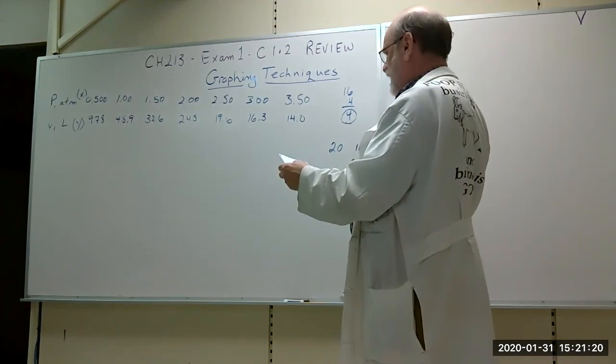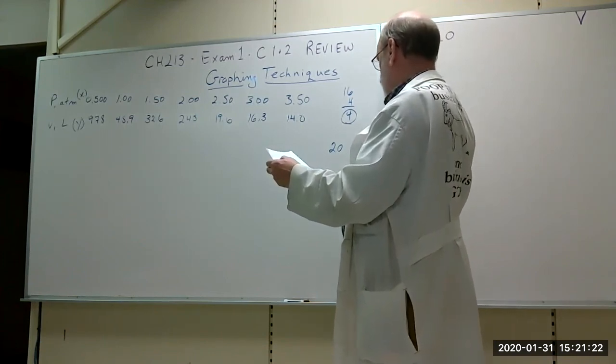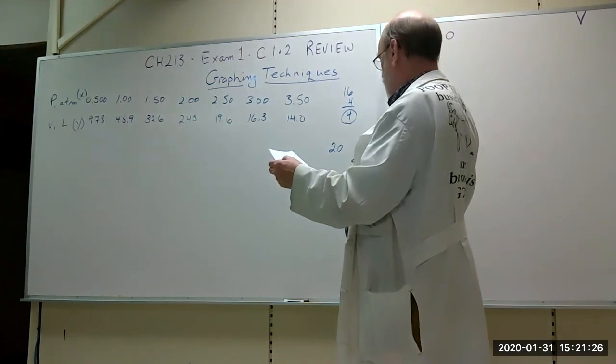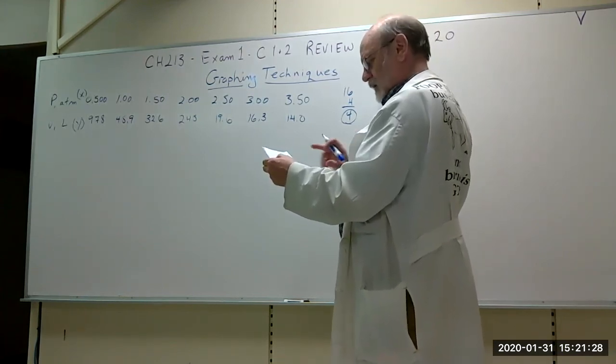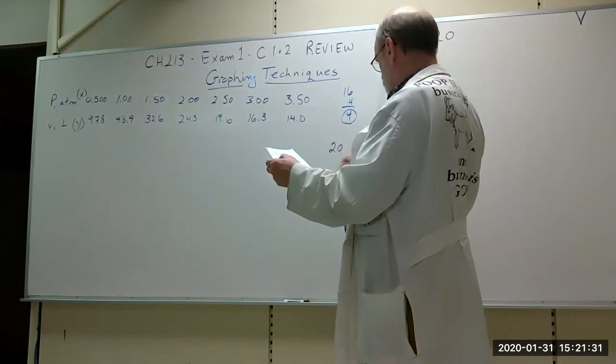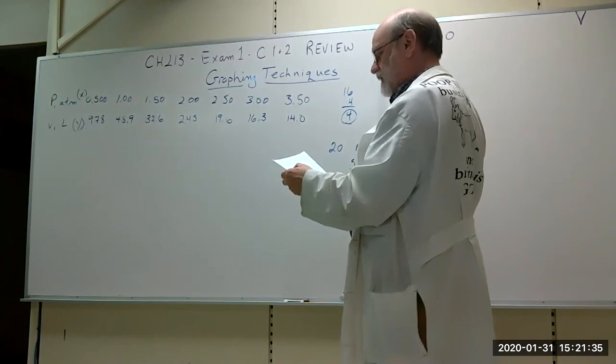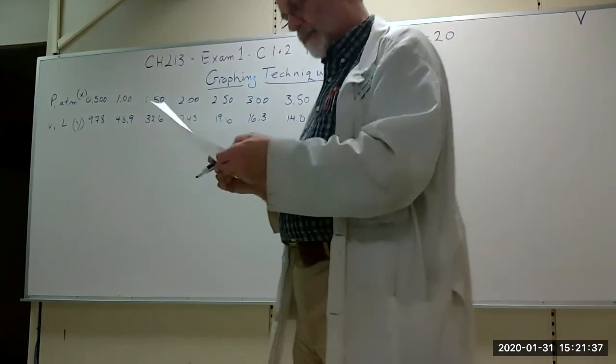If you only went up 10, then each one of them would be 10. But we're going up to 20, so that means we're going to have 2 squares for each 10. Let's see if that works. Let me mark it.